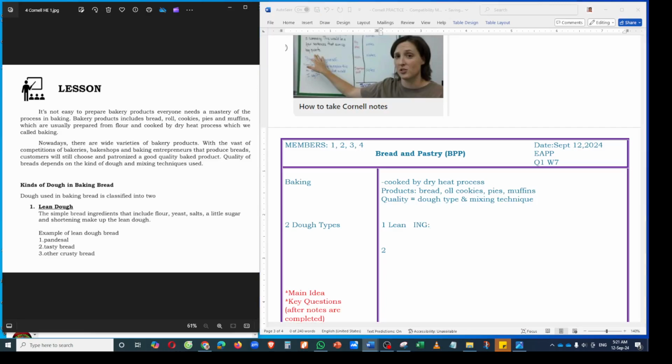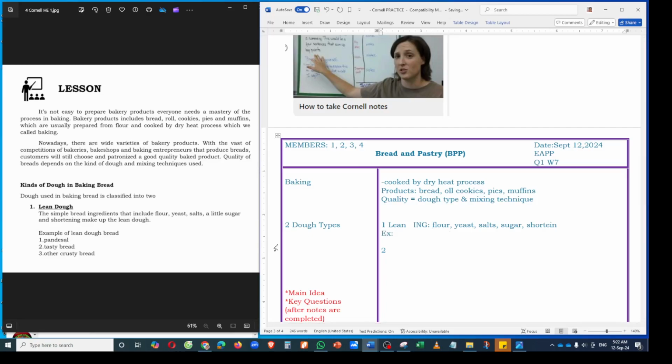May binanggit siyang ingredients na flour, yeast, salt, sugar, tsaka shortening. I know it says here may amounts, little sugar, but the important word here is just sugar, so you can put the word sugar.